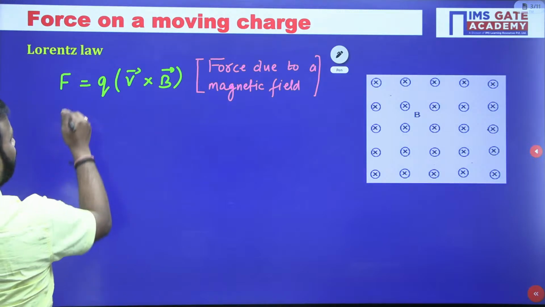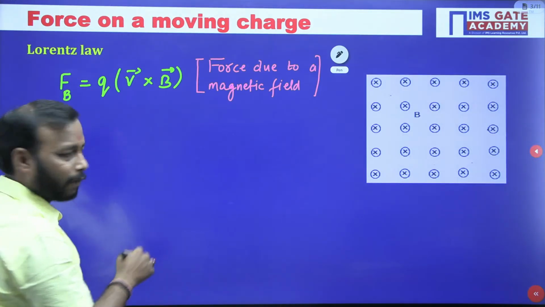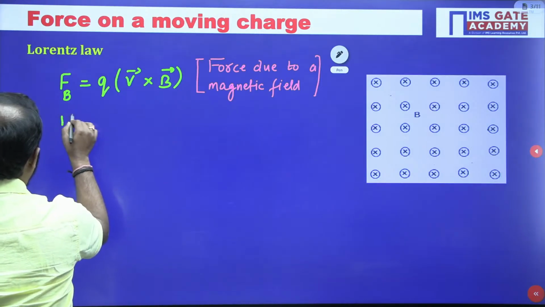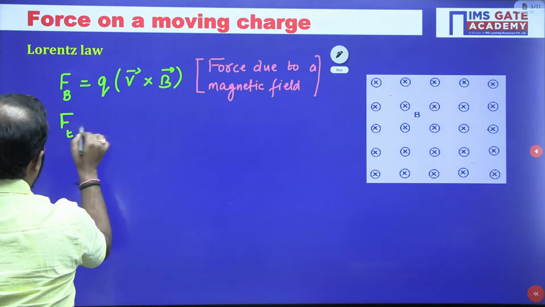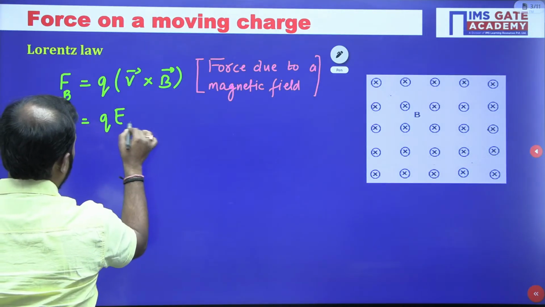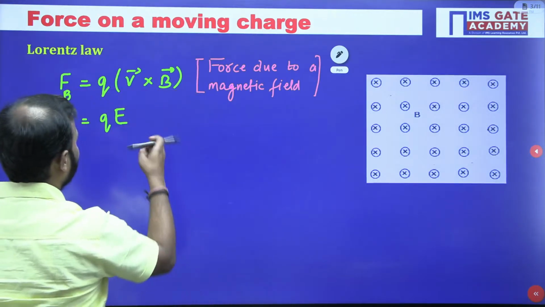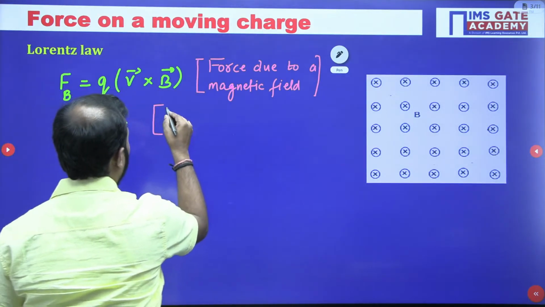Let me take FB because of the magnetic field, and FE under the presence of an electric field, which is equal to Q times E, where E is the electric field. So this is the force due to the electric field.